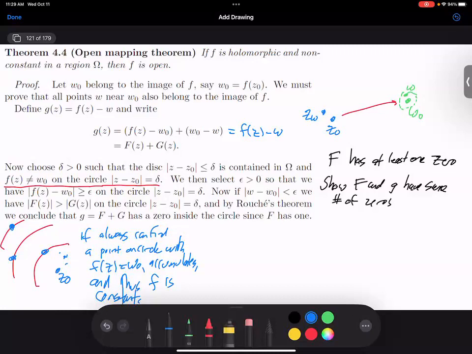We assume that's not possible with the argument theorem. If we have a zero at the boundary, it will blow up. The argument theorem will blow up. But we're saying now we want f of z to be greater than g of z. Yes. So why is f of z greater than g of z on the boundary?